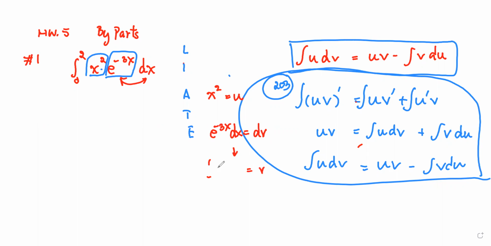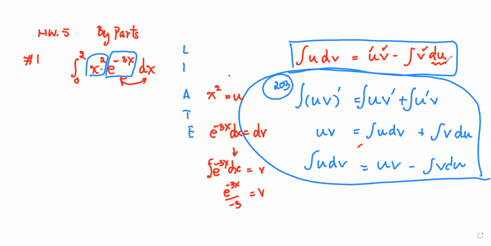So v is the antiderivative of e to the negative 3x with respect to x. Using the u-sub technique, you get e to the negative 3x divided by negative 3 for v.